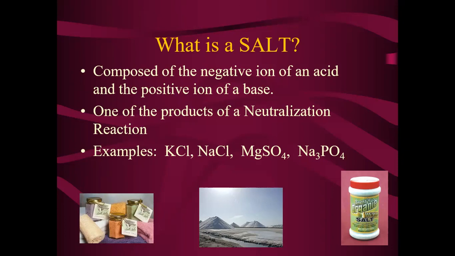So one of the products of a neutralization reaction would be potassium chloride, sodium chloride, magnesium sulfate, sodium phosphate. So a salt is really one of the products of a neutralization reaction, salt and water. These are the examples: your potassium chloride, your sodium chloride, your magnesium sulfate, and your sodium phosphate.